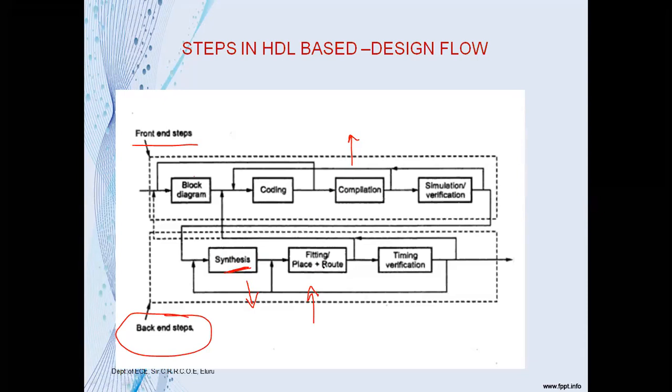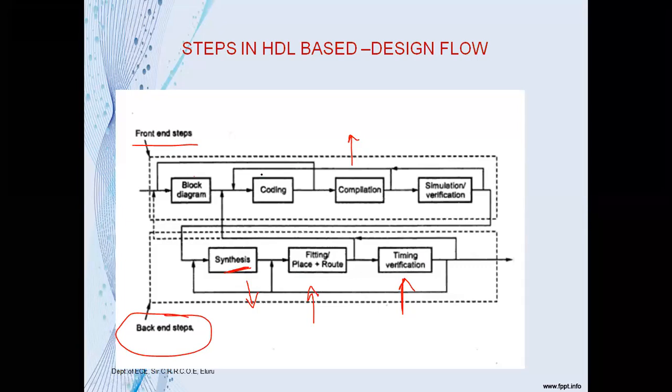Once the components are properly placed and the connections are routed, we will go for the verification. What is this verification for? To check the timings of the circuit, whether we have the desired propagation delays or not. For that you can have again the verification here.